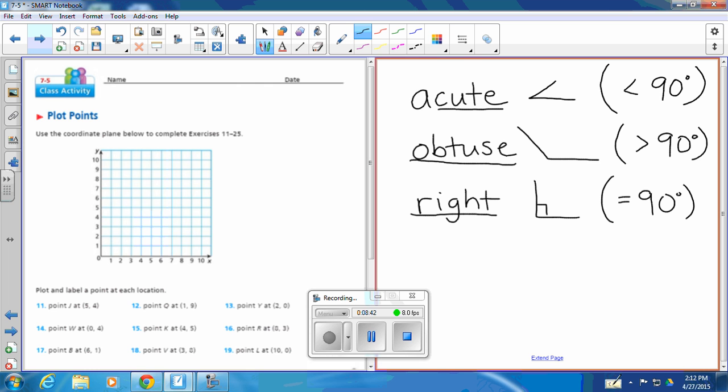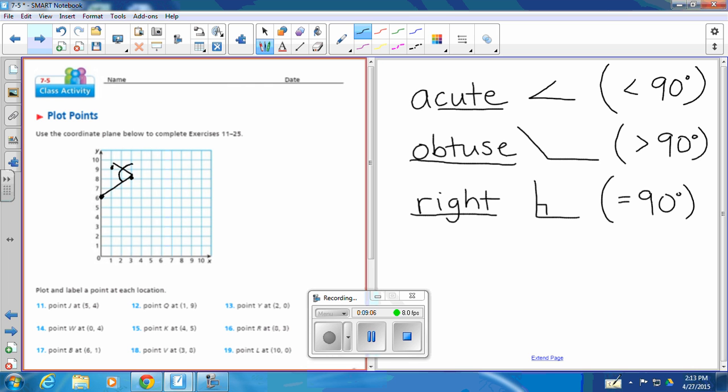And then you can figure out which ones make an acute angle. So for example, if we plotted Q, V, and C, those would have been those 3 plots. If we were to connect the dots, which kind of angle does that create?